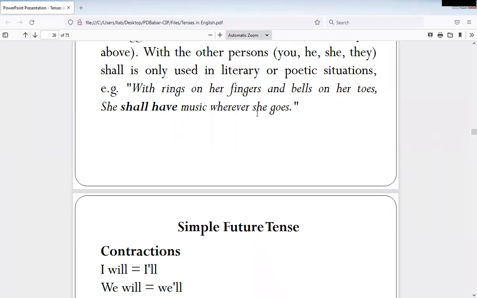Up till now, I think we have covered almost simple present tense and simple past tense, and we were discussing the simple future tense. The structures also we have learned of the simple future tense, but some of the examples and exercise is remained. So that also we will see in this lecture.